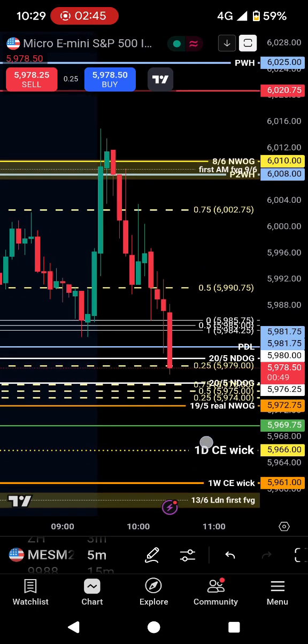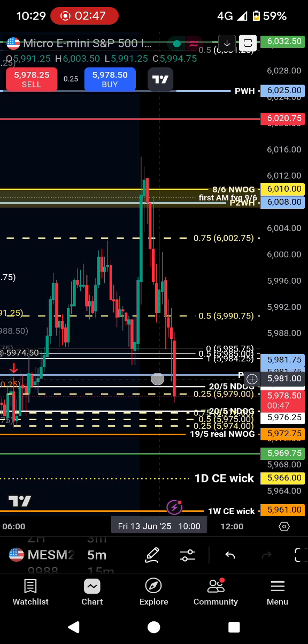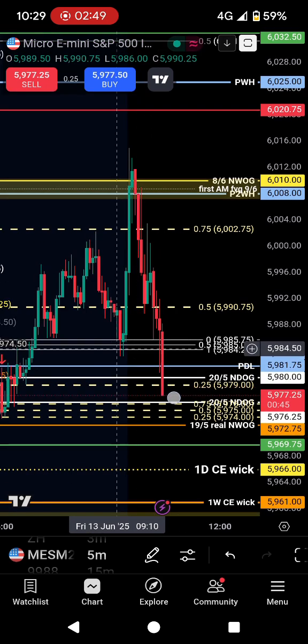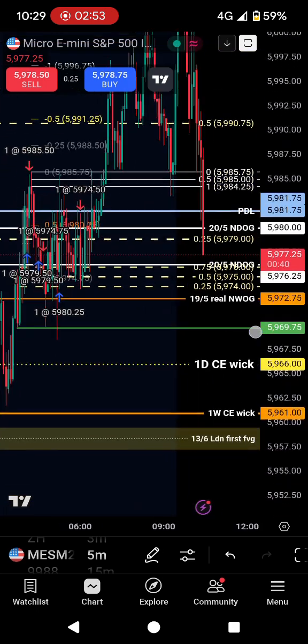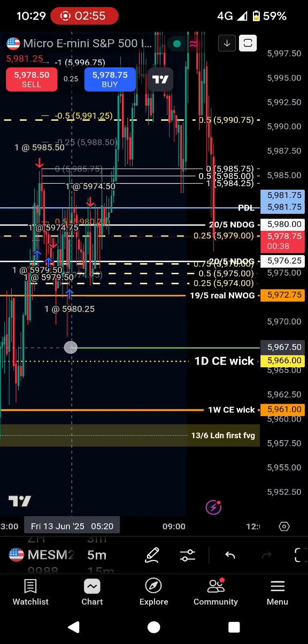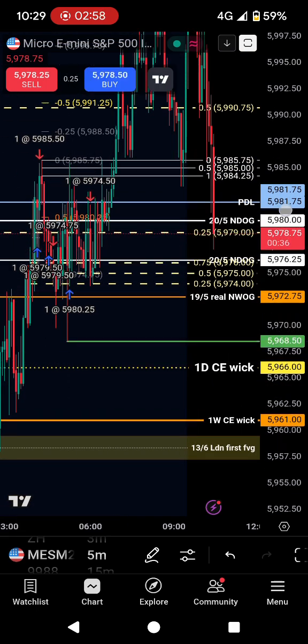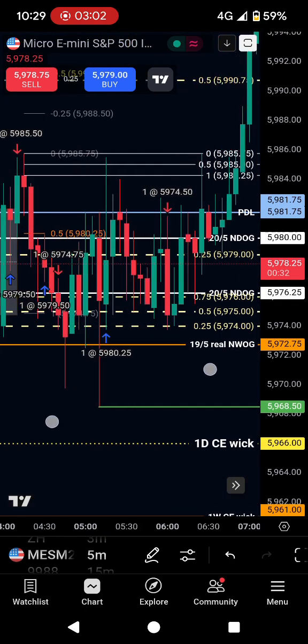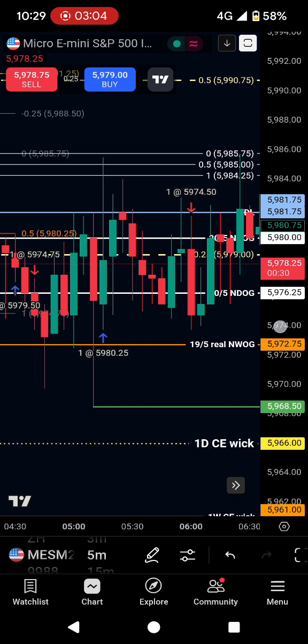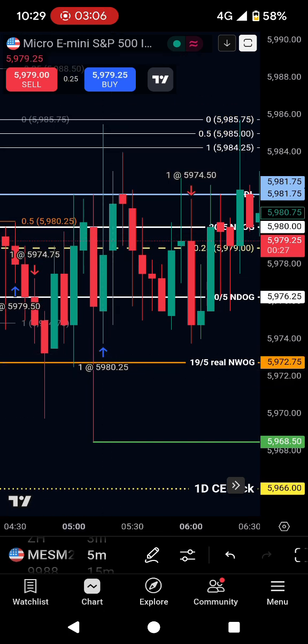all the way to clear out the sell side right here. So this sell side that was formed at 9 o'clock, right now seems like we're dropping even deeper. So where are we going to draw to? The next sell side will be here, and here we got relative equal lows as well. And what I'll be seeing is the CE wick here, this CE wick right here.